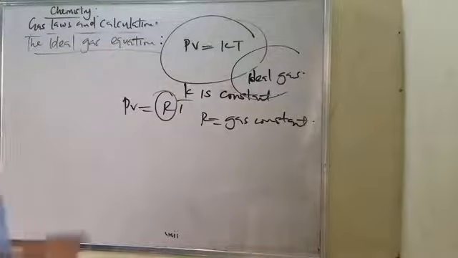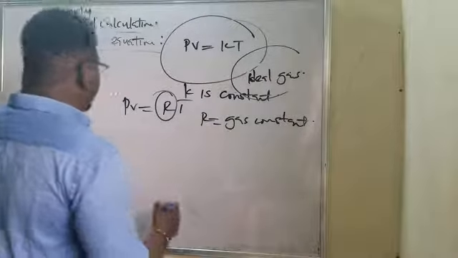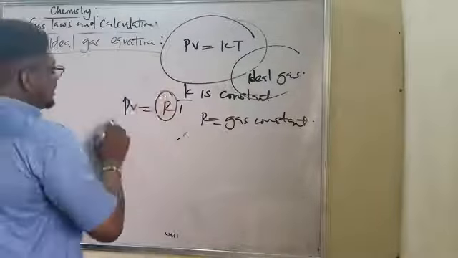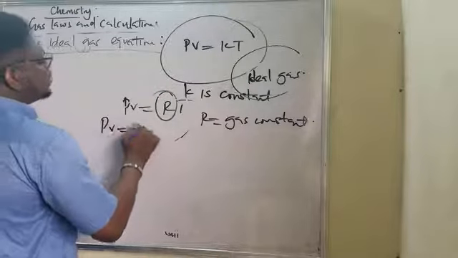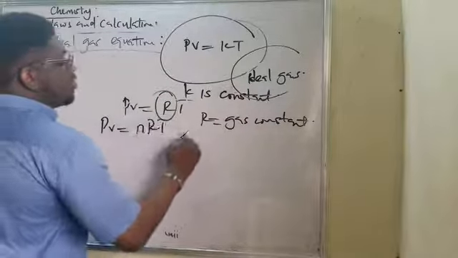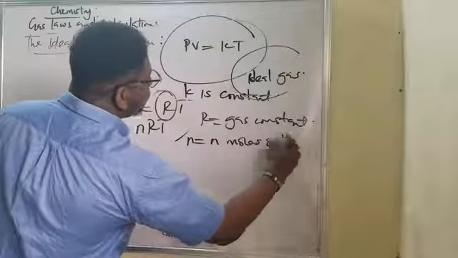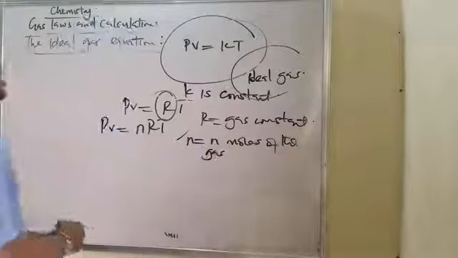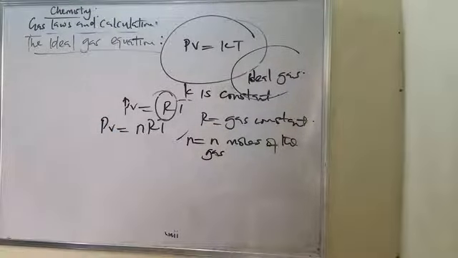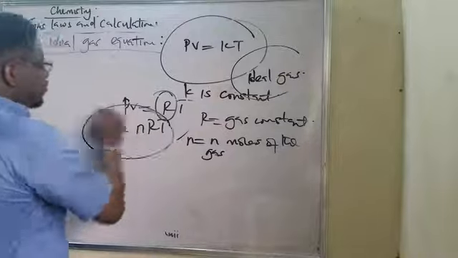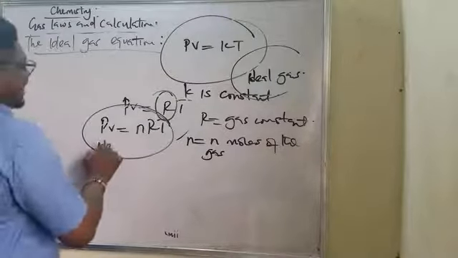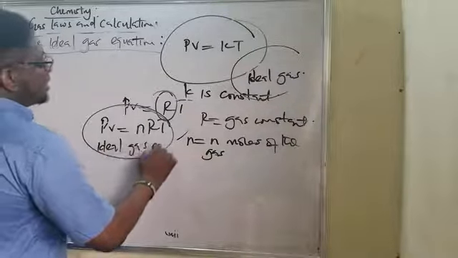But if we want to check for other moles of the gas, we can rewrite this as PV equals nRT, where n is the number of moles of the gas. It could be 2 moles, half a mole, any mole. So this equation is the ideal gas equation.